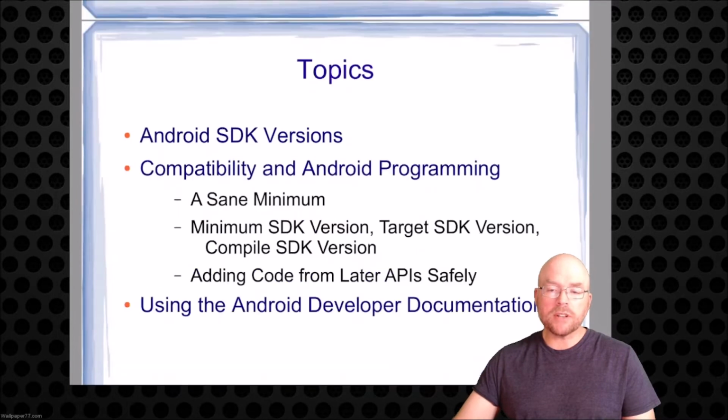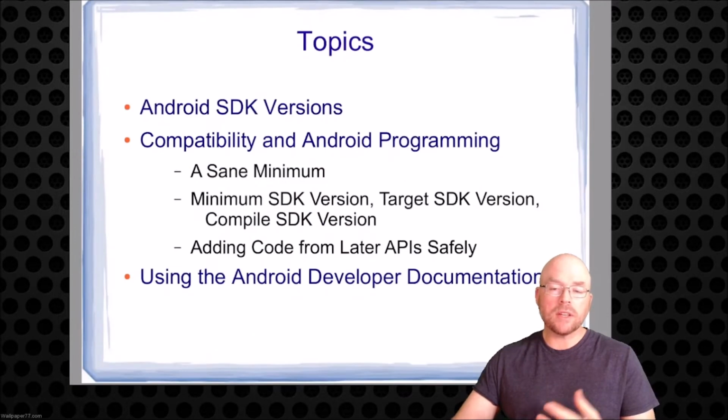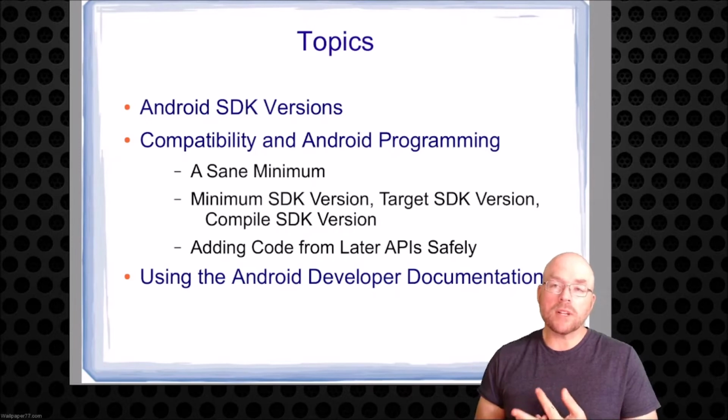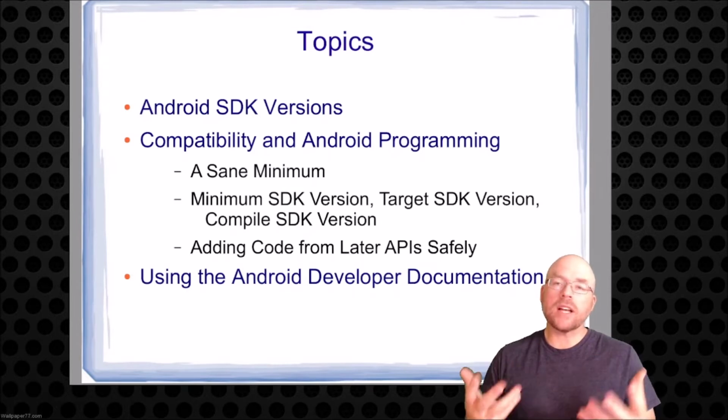So our topics are going to be: we're going to talk a little bit about the different Android SDK versions. We're going to talk about what it means to have a sane minimum. The SDK is the collection of libraries and classes and all of those things that you use when you're developing your Android app.